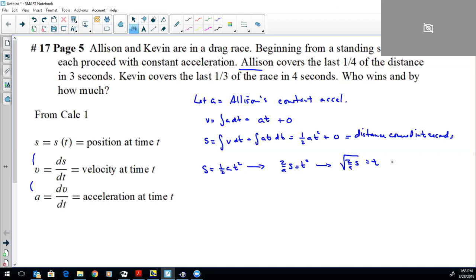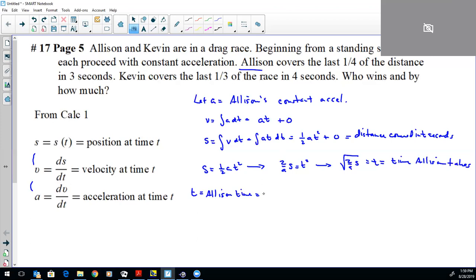So this is the time Allison takes. Let's rewrite that a little bit. So t equals Allison's time. We'll break this up into 2 pieces.